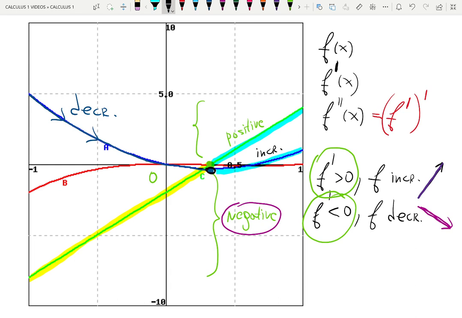Moreover, this point over here is a local minimum, which we're going to be talking about more in the future. So I definitely can tell that C is the derivative of A. So the curve C, which is a line, was created from differentiating curve A.